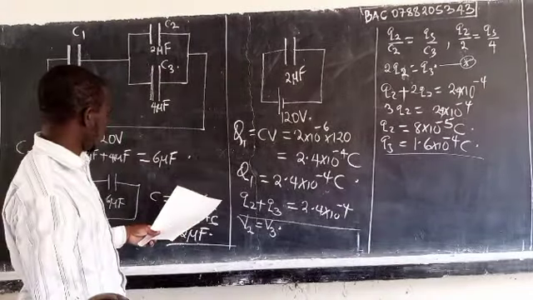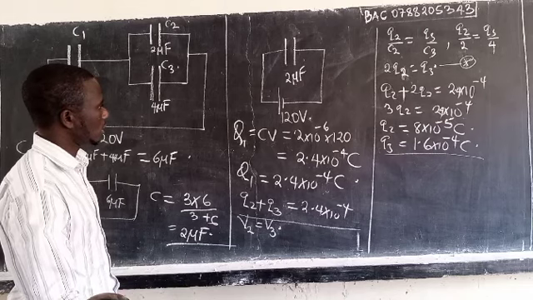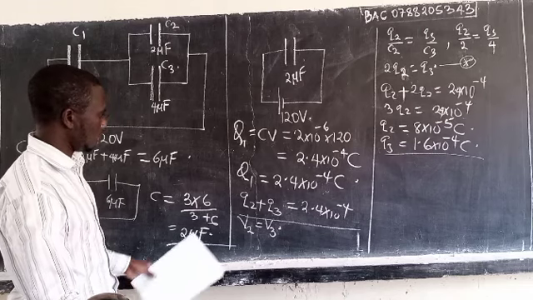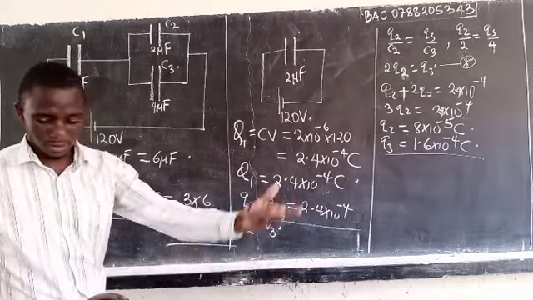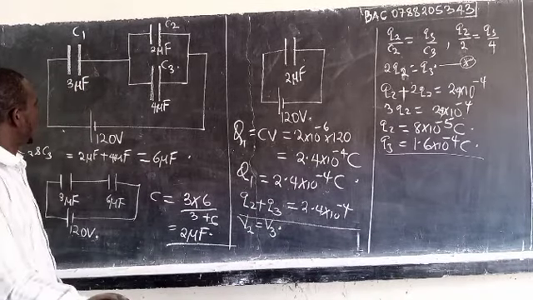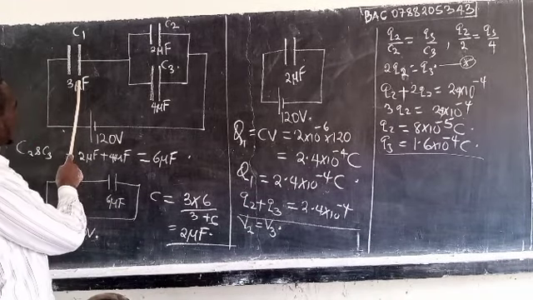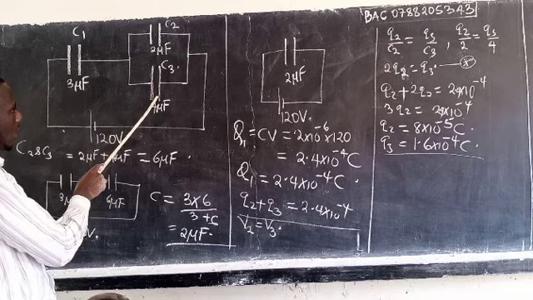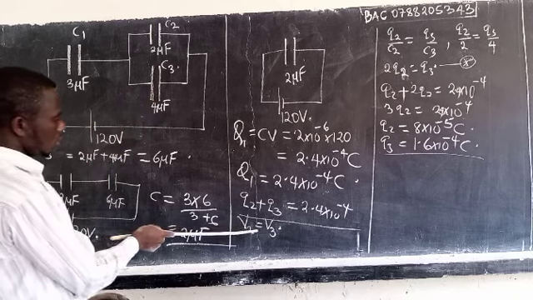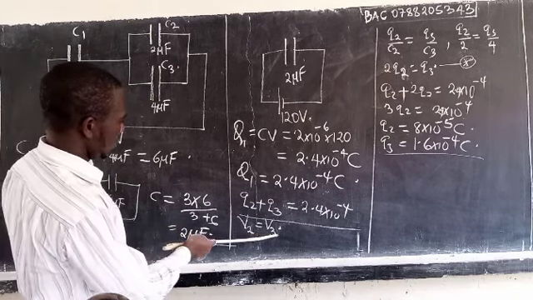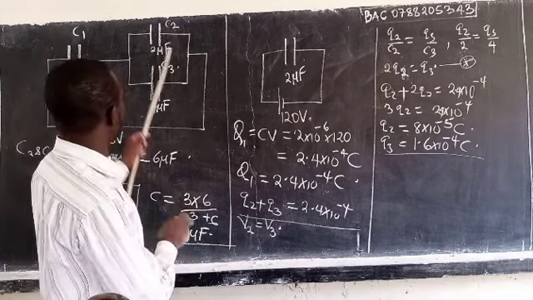The PD across each is got by using the same formula that we have used. So what is the PD across this? The PD across this and across that. Okay? We can even use this one. This one is equal to that. So the PD across this is equal to the PD across that. And when you add this one to that, it gives you this one.